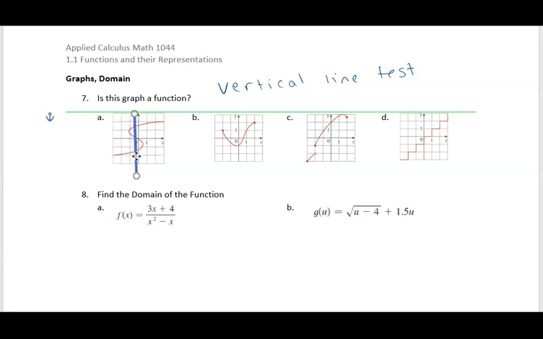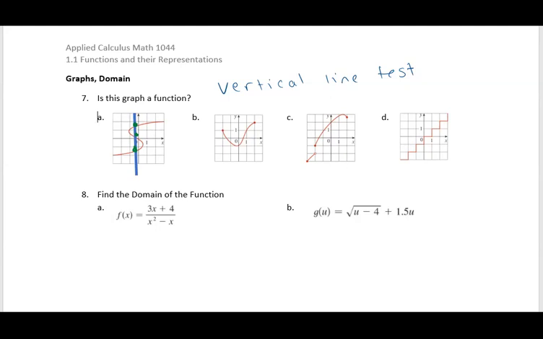But look right here. If I put it right here, well, it looks like the vertical line is crossing our graph in 1, 2, 3 places. This means that for the same x value, the same input value, we would have 3 different output values or different y values. And our function machine is not going to work because we don't have that ratio of input to output.